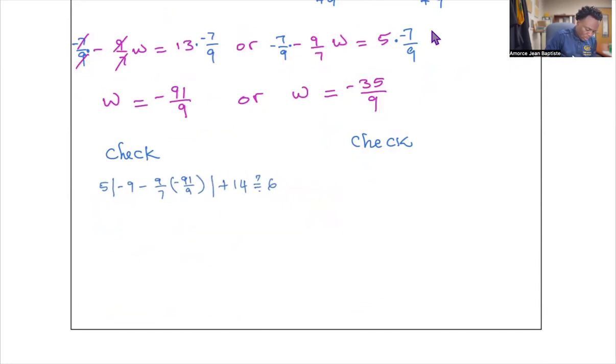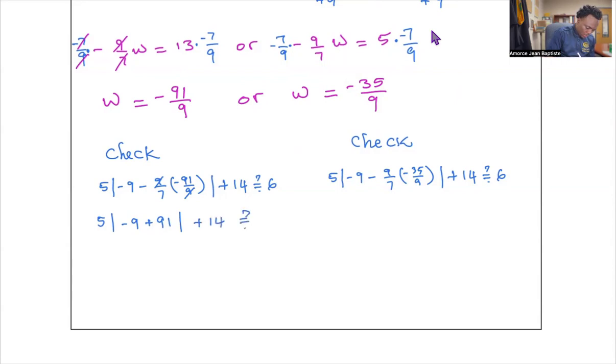And then we're going to check for the other one as well. Just going to copy this and replace the top here by 35. Okay, and then we're going to perform these operations. 9 cancels, right? And then we got 5, absolute value of -9, and these two minuses give me a positive 91 plus 14.